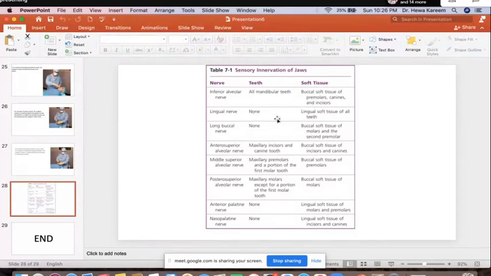Or I ask about the lingual soft tissue of all the teeth, what is the name of the nerve, you say lingual nerve. Or I ask about the buccal soft tissue of the molar and second premolar, you write long buccal nerve. Very easy, but this table is very important. Okay, doctor, thank you. So direct questions, but this table is very important.